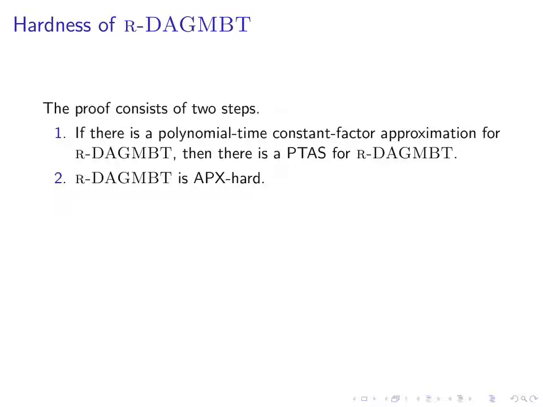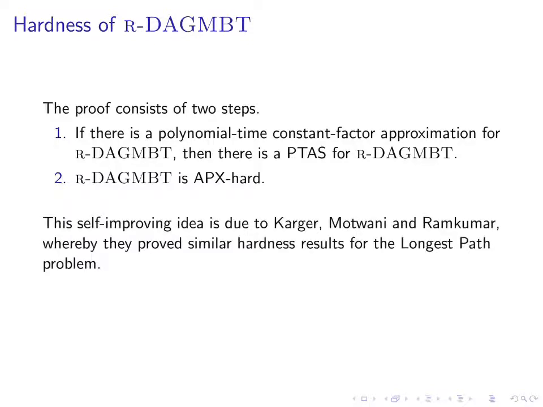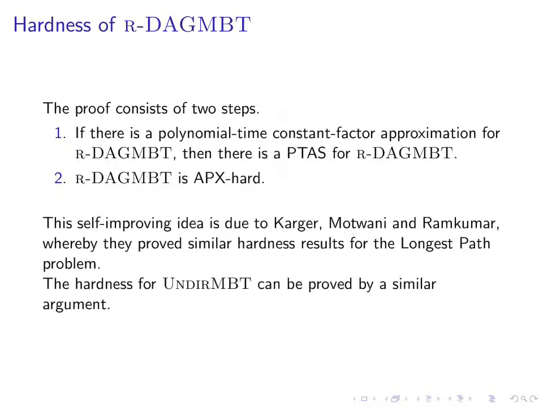By combining these two, we can show that assuming P is not NP, there is no polynomial time constant factor approximation. The self-improving idea is due to Karger, Motwani, and Ramkumar when they were trying to show the hardness for longest path. And we note that the hardness for the undirected problem can be proved in a similar fashion.